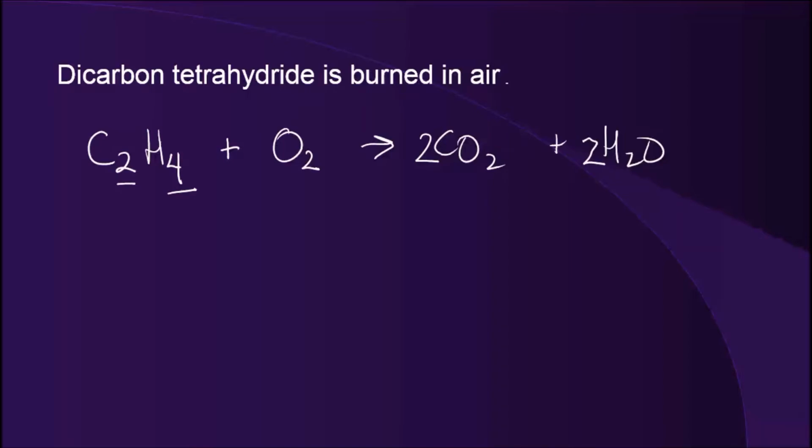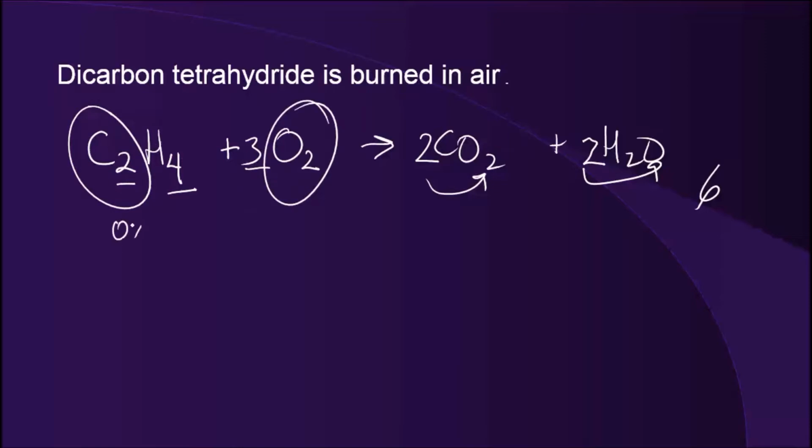We're safe. We're safe. 2 times 2 is 4, plus 2 more. What times 2 will give us 6? Which one is oxidized? Which one's reduced? Okay. That is a combustion reaction. We're done with that target.